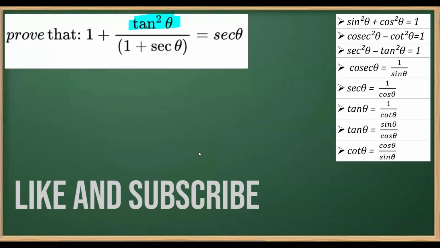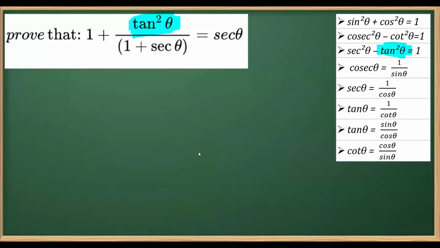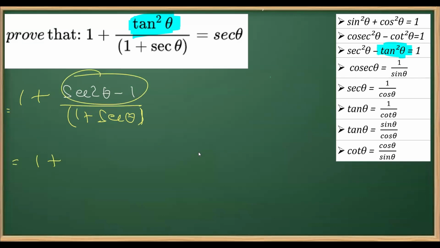Now this one is very similar to the previous question. Here I'm going to write tan square, right? Tan square is sec square minus 1. So this 1 is as it is. The only change I'm making here is writing tan square as sec²θ minus 1, and then the whole divided by the denominator, which is 1 plus secθ in a bracket. Now this is equal to what? Same way I'm going to write sec square minus 1, applying the algebraic identity a square minus b square, which is a plus b into a minus b.